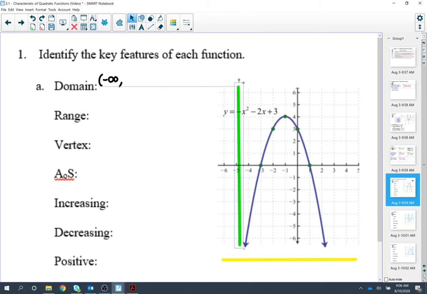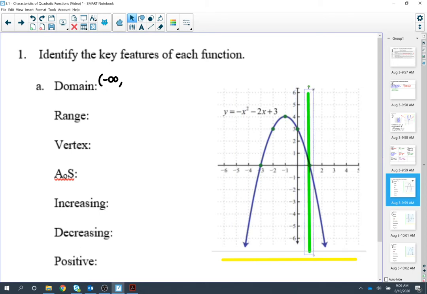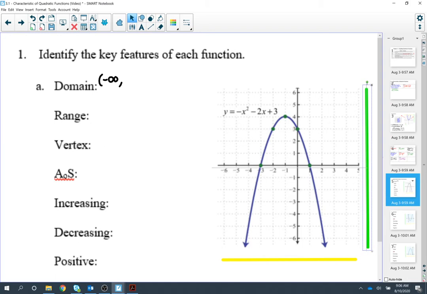Touching the graph, touching. Would we be touching out here? Again, it doesn't look like it, but we actually would be, because this arrow is going to keep that graph opening ever so slightly. You know, it is a parabola. It keeps opening and getting bigger, though maybe slowly, but negative infinity to infinity.